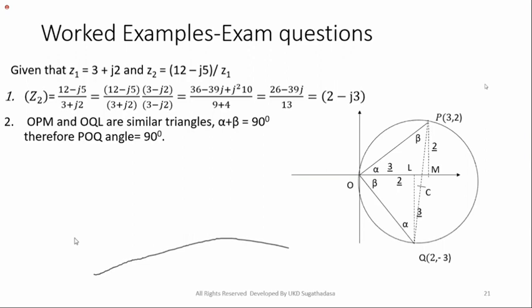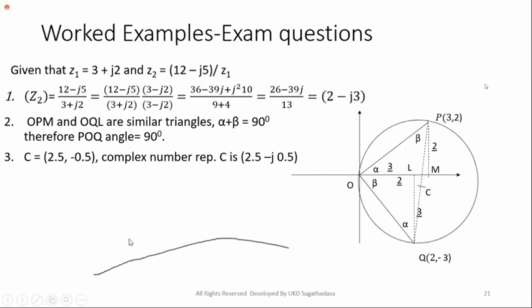I'll go to the next part. It is asking for the coordinate of the center. It's simple coordinate geometry. When the 2 points are given, you can calculate the coordinate of the midpoint by adding the x coordinates and dividing by 2, and adding the y coordinates and dividing by 2. 3 plus 2 is 5, divided by 2 is 2.5.